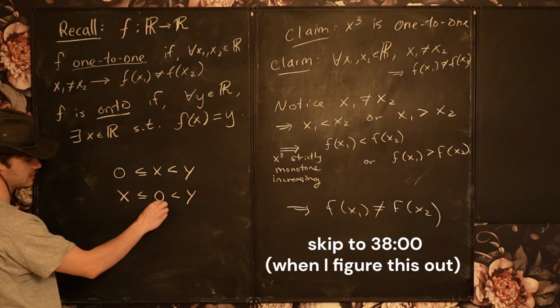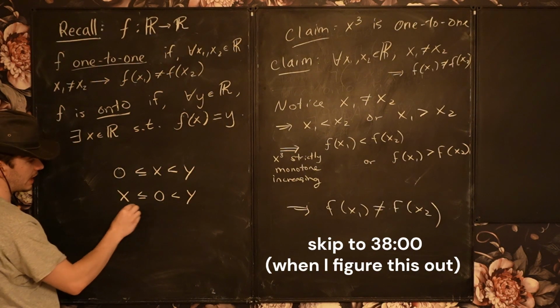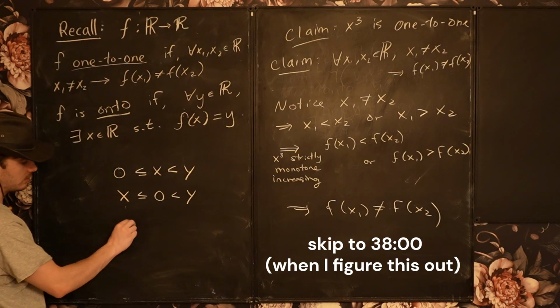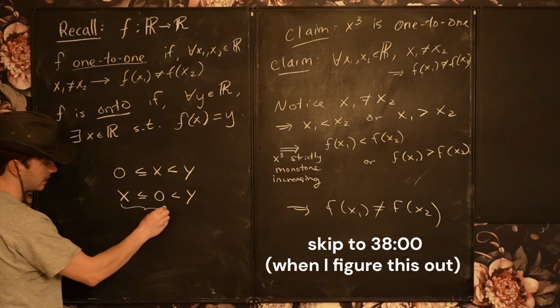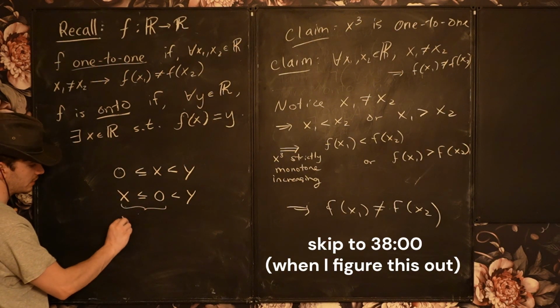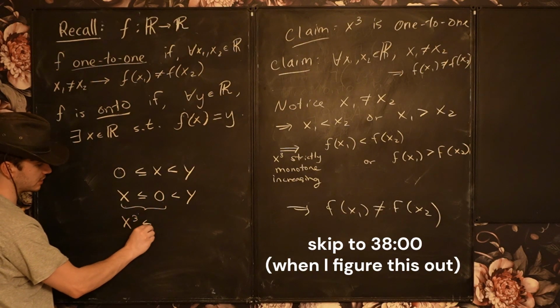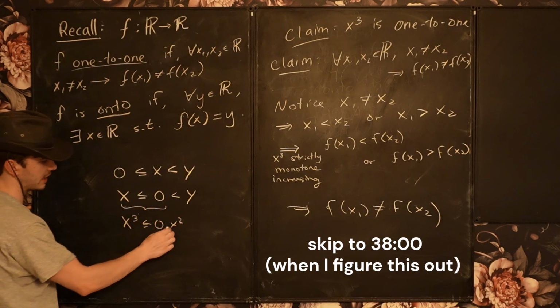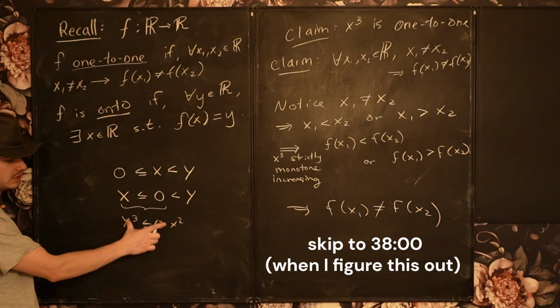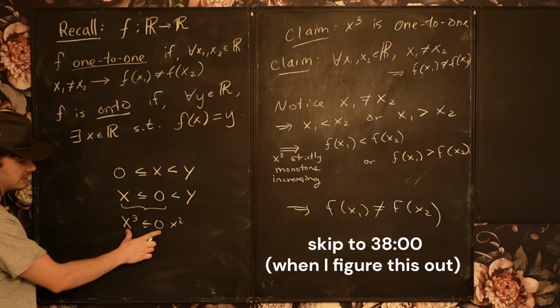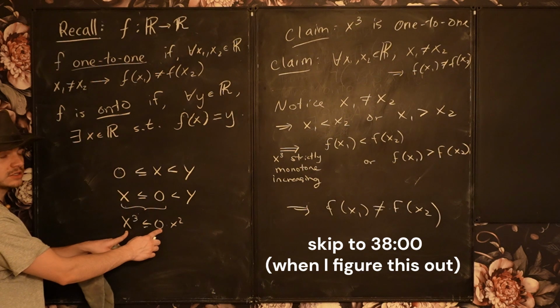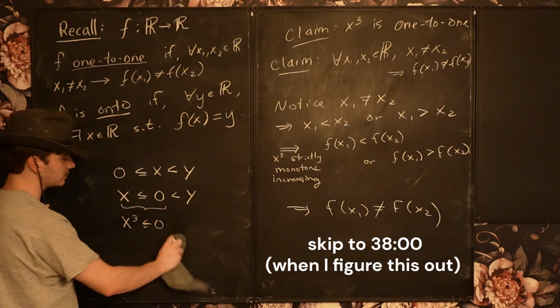And notice that x squared being positive implies that if x is less than or equal to 0, then x cubed is less than or equal to 0 times x squared, right? I can multiply just this inequality alone by x squared on both sides, and I get that x cubed is non-positive, okay?